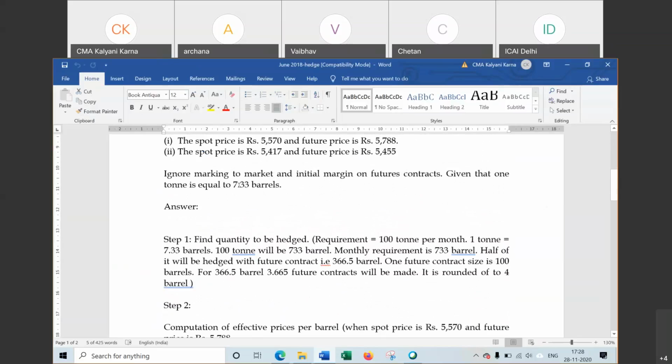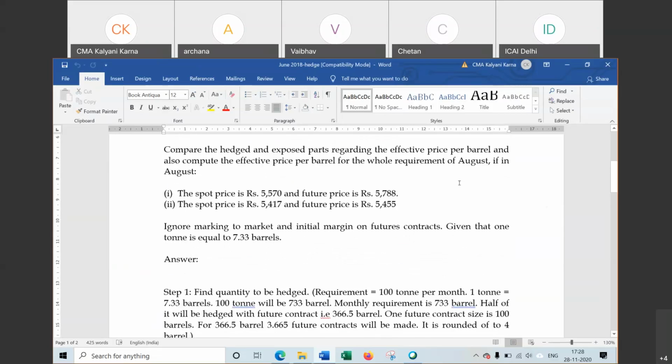So 100 ton is 733 barrel, means the company requires 733 barrel in 1 month. But half of it will be hedged. It means 733 divided by 2, so 366.5 barrel will be hedged.